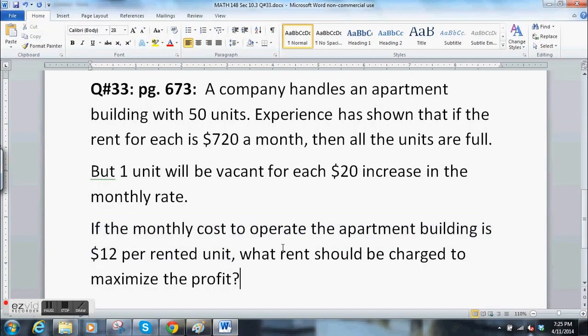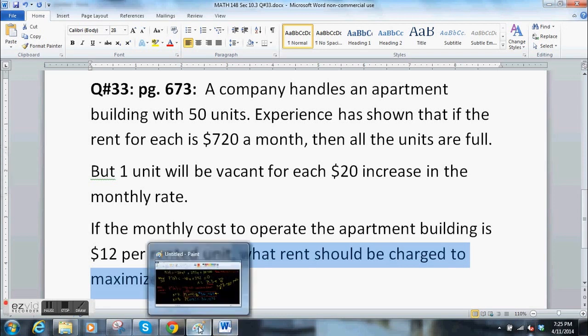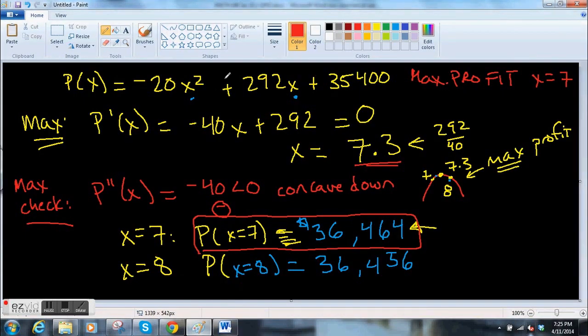If you look at this, it says, what rent should be charged to maximize the profit? That's okay, because, going back to the red pen here, they're going to charge you $720 a month plus $20 times every vacant unit.